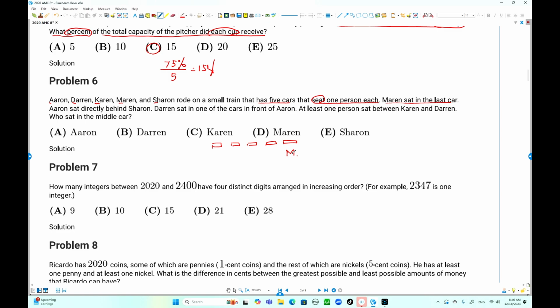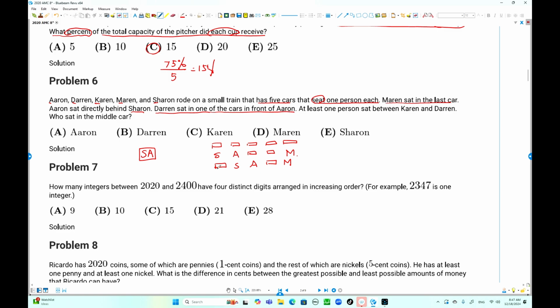And Aaron sat directly behind Sharon. So Sharon is over here, Aaron is over here, okay? SA. They put it together. So maybe you can use SA over here or SA over here. There's no SA, right? We have two cases. But out of this, Darren sat in one of these cars in front of Aaron.